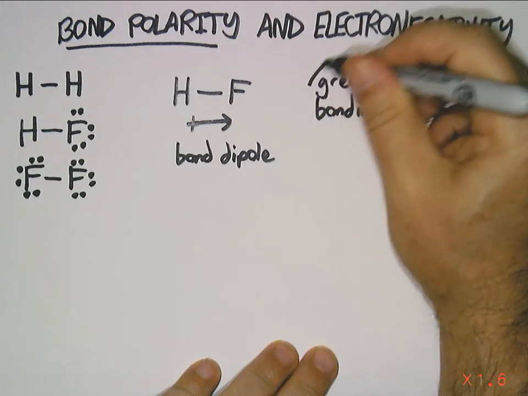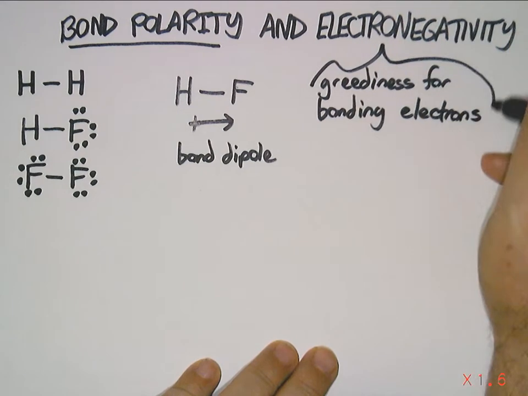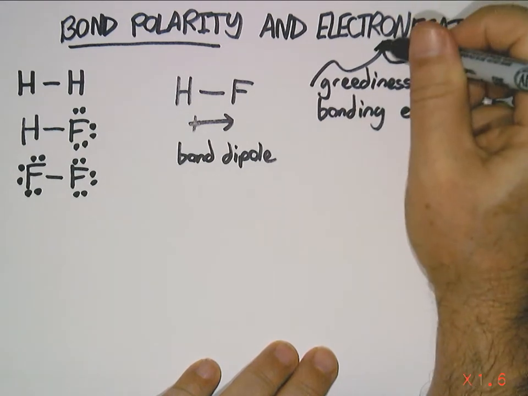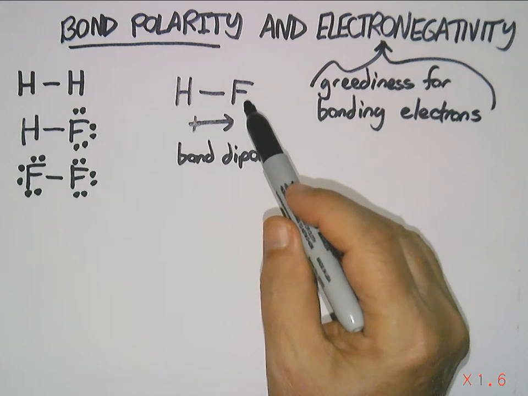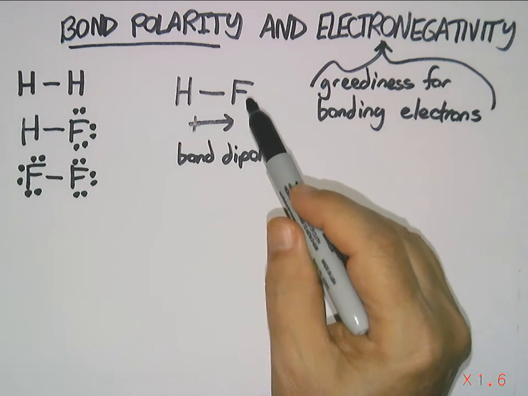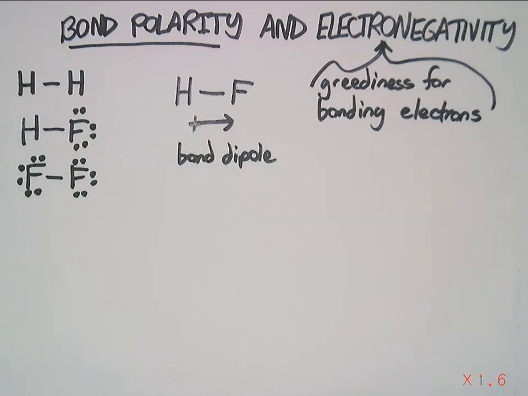And that score is what everybody calls the electronegativity. Electronegativity tells you how greedy an atom is for bonding electrons. And here we would say, well, the fluorine is more electronegative than hydrogen.